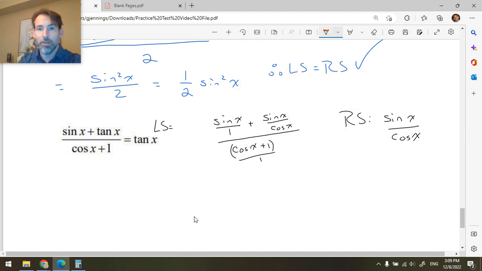I need to create a common denominator. And when I create a common denominator, I always multiply the top and the bottom of a fraction by the same thing. Okay, so that's multiplying by 1, which doesn't change it, but it does write it as a new common denominator. So let's write that down here. Cosine x multiplied by sine x over cosine of x.